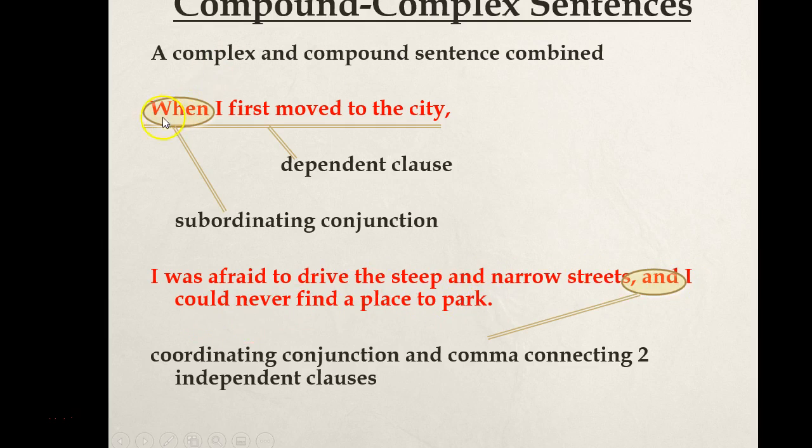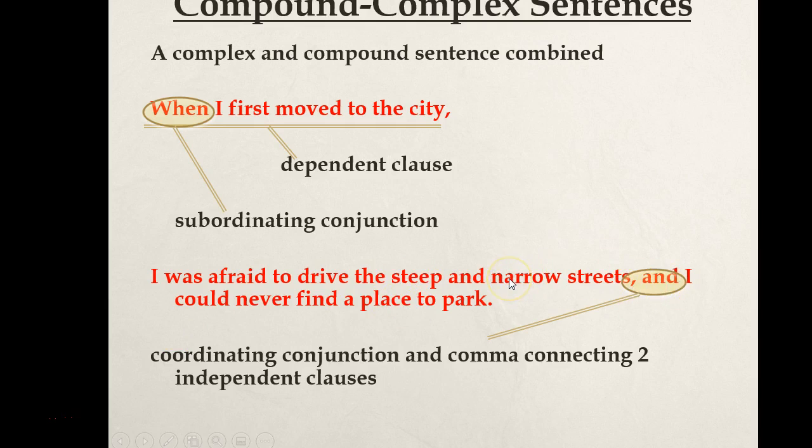So here we have 1, 2, 3 clauses in this sentence. The first clause is a dependent clause because it starts with the subordinating conjunction. Notice that it's followed with a comma because it's at the beginning of the sentence. Now here, this kind of looks like a compound sentence, doesn't it? It's connected by a fanboys and it has a comma.